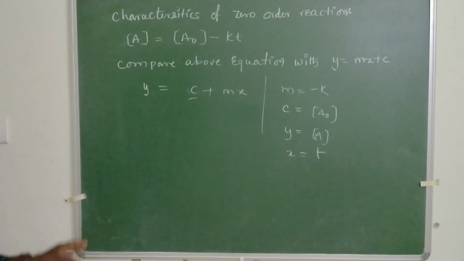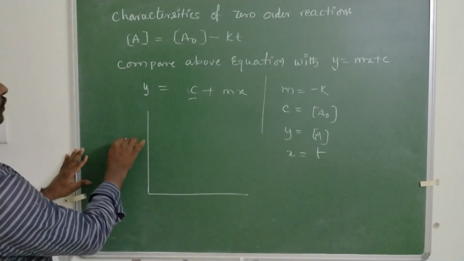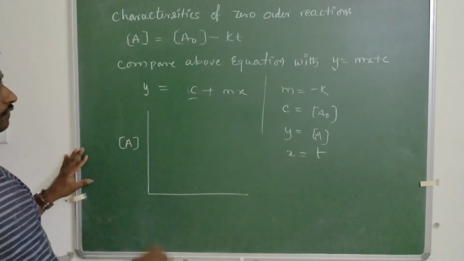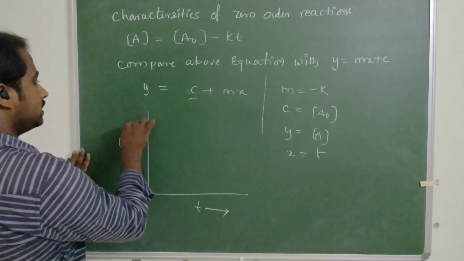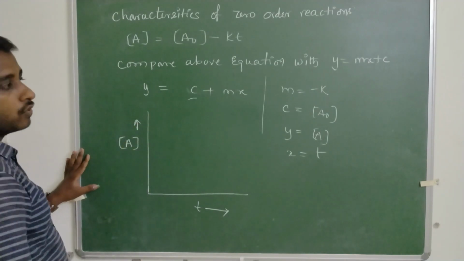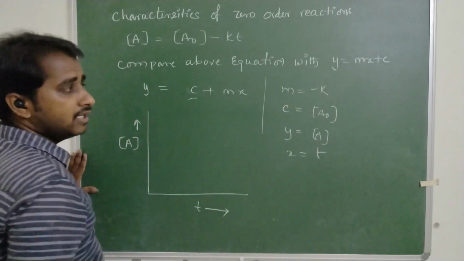If you draw the graph for this data, on the y-axis we have the concentration of A, and on the x-axis we have t increasing in this direction. C is A naught, so it is just like the y-intercept.